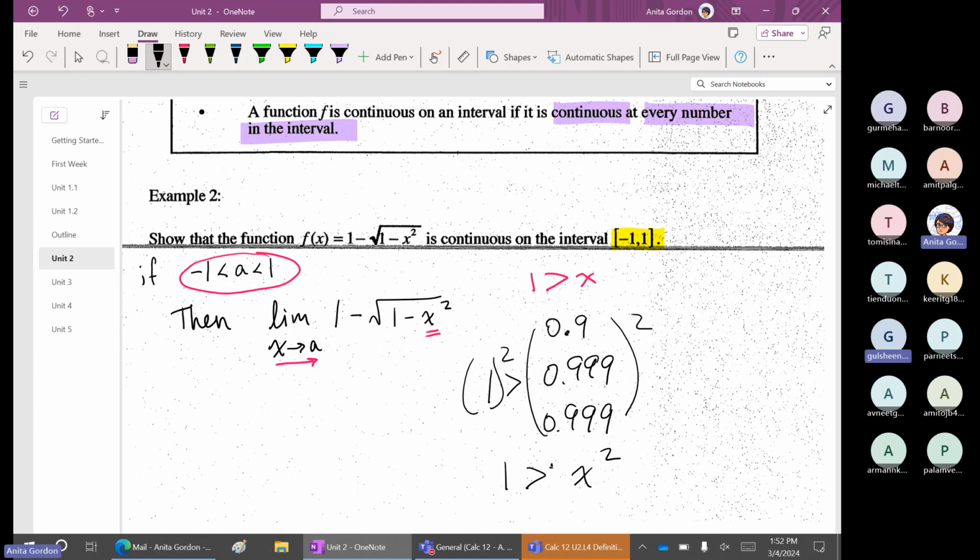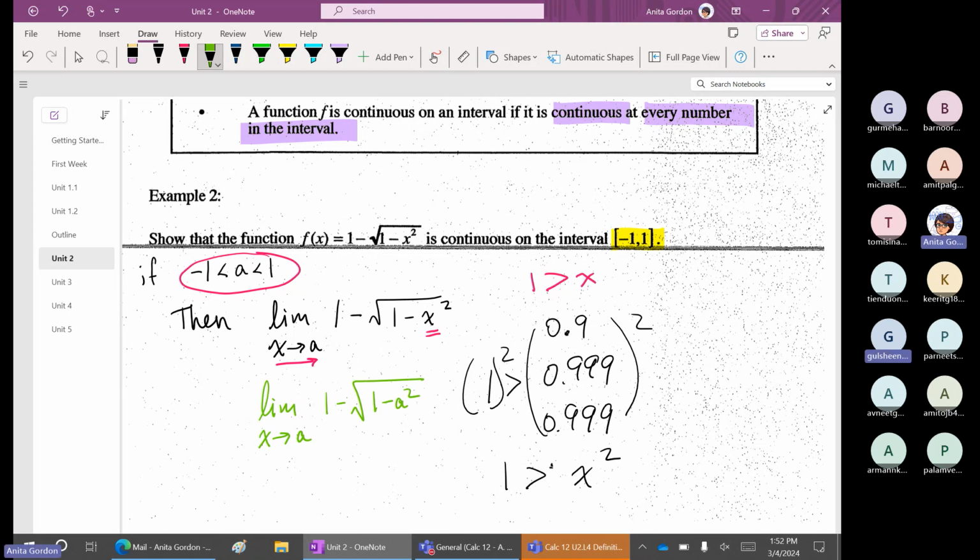So because we know that it's going to be within the restriction, I could use direct substitution. I could say the limit as x approaches a is going to be 1 minus the square root of 1 minus a squared, and I can do this because I know that it doesn't violate the restriction.